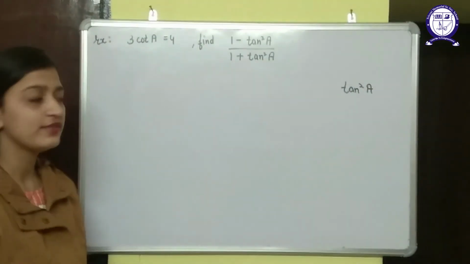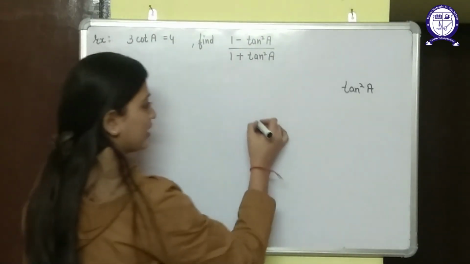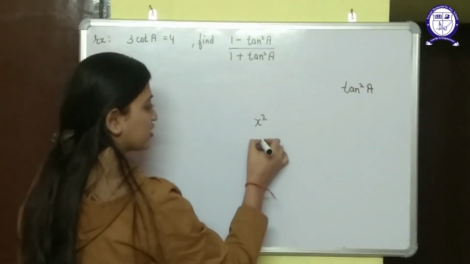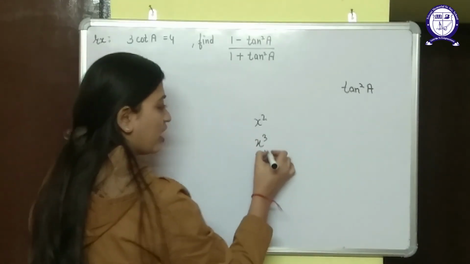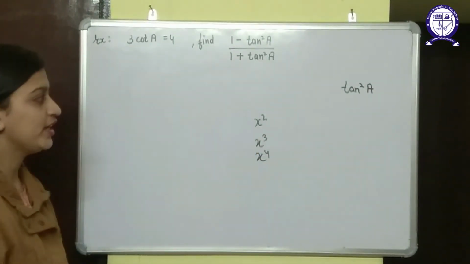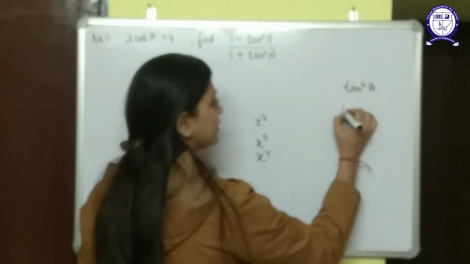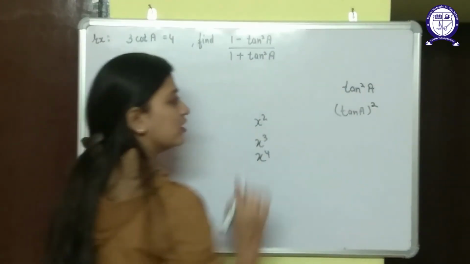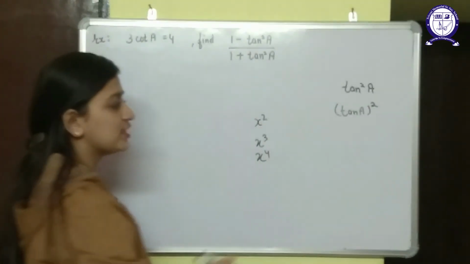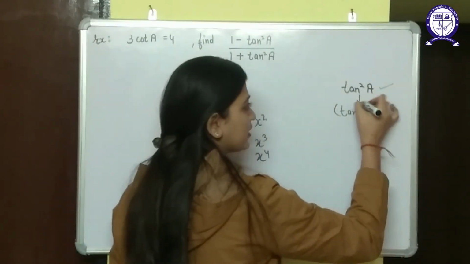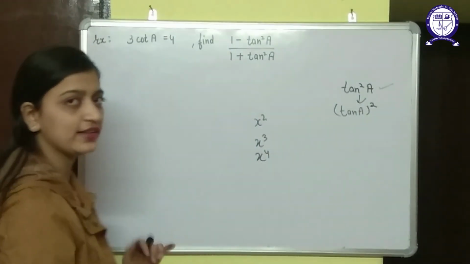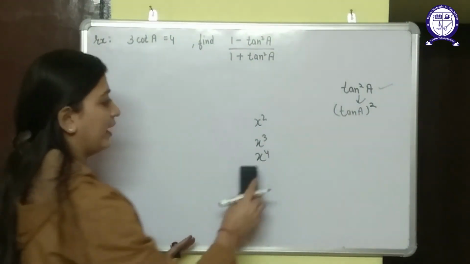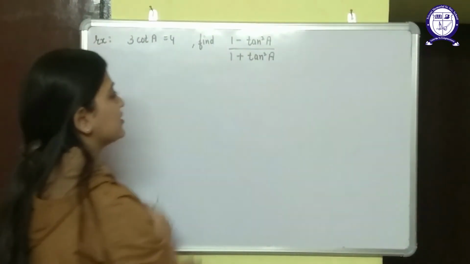You know that whenever we take powers, we write it like this: x square, x cube, x raised to the power 4. In trigonometry, instead of writing tan A square, we write it like this. So this is nothing else but tan A square, that is, the square of tan A. Okay, so let's do the question.